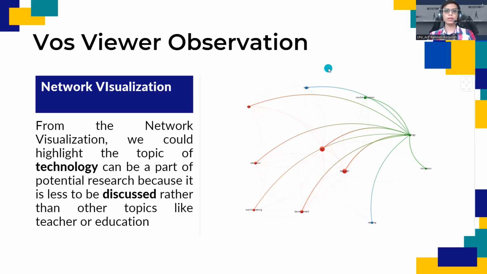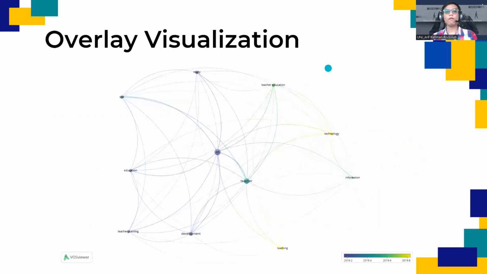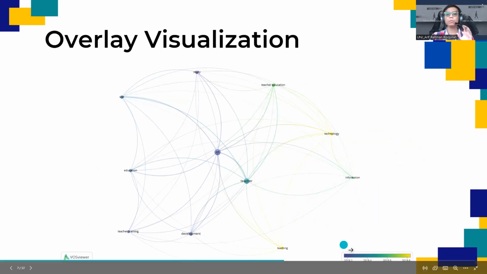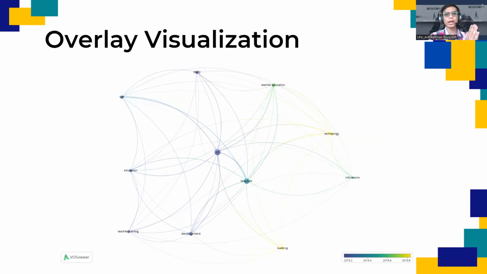After that, we will move on to the overlay visualizations, now that we know the breakdown of the network visualizations. The overlay visualization is focused on the projects related to the year. If you can see here, this is more not-up-to-date research.